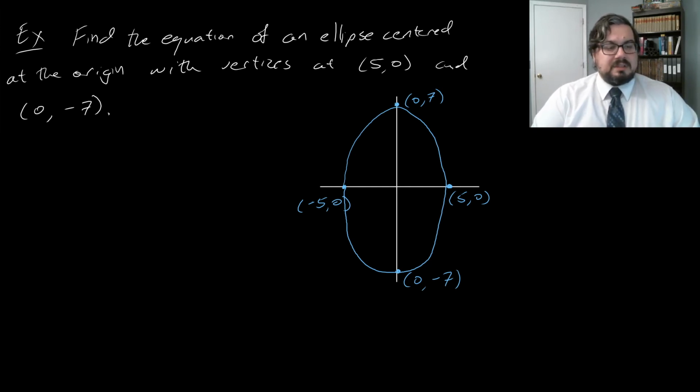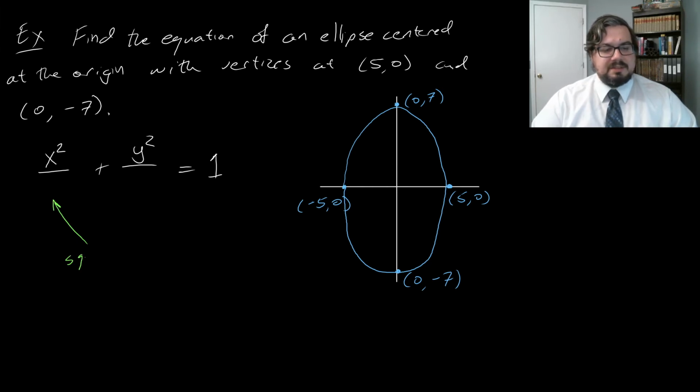So we know that the equation of this ellipse is going to be of the form x squared over something squared plus y squared over something squared equals 1. Now, in order to get what's going on here, this is always going to be the square of half the horizontal distance across the ellipse.